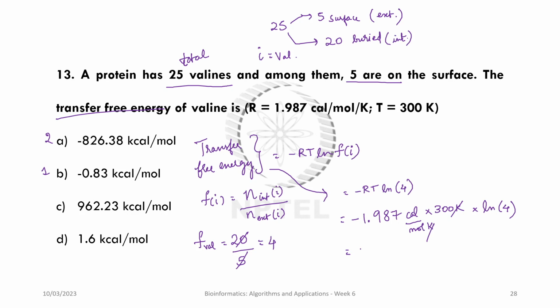Ln 4 is equal to 1.386, into 300, into 1.987. So I'm getting minus 826.37 calories per mole. Is this what you're all getting? This is a little badly written.